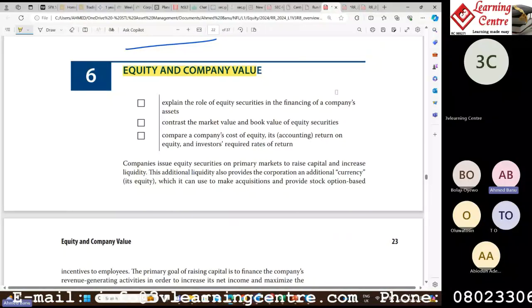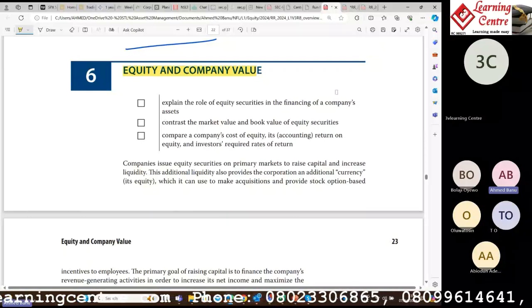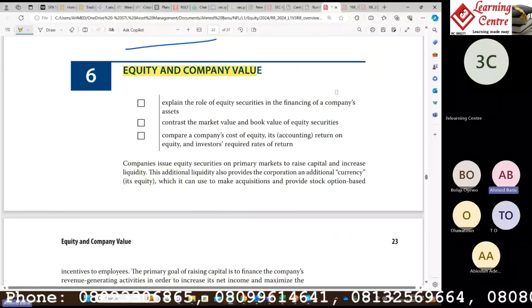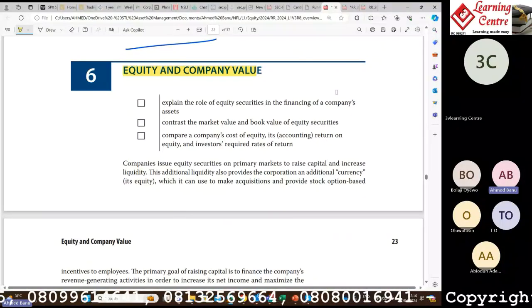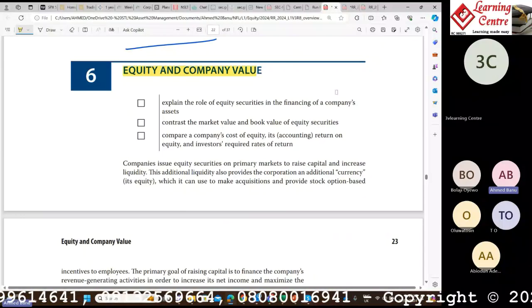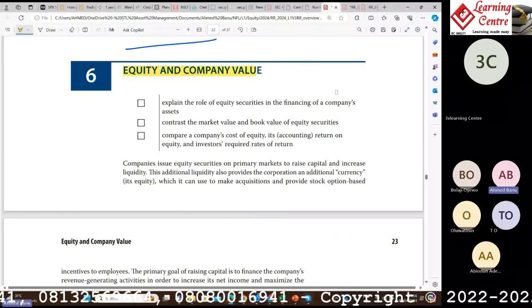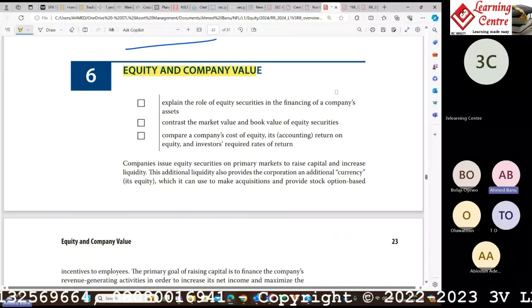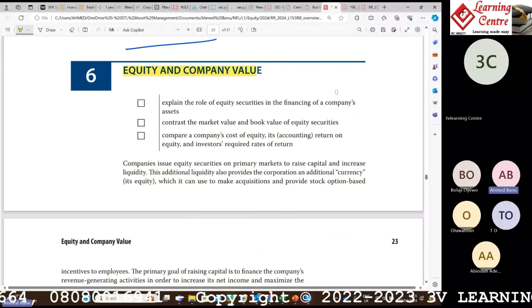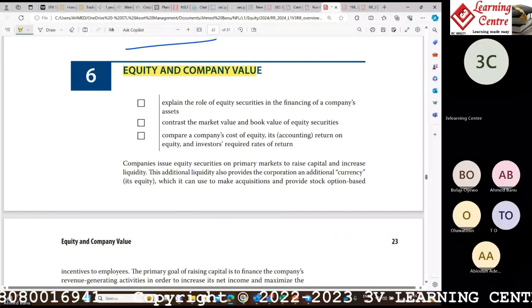Under this, we are looking at: explain the role of equity securities in the financing of a company's assets; contrast the market value and book value of equity securities; and lastly, compare a company's cost of equity, its accounting return on equity, and investors' required rate of return.